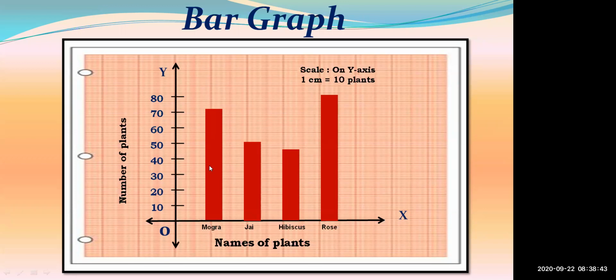First we have taken the quantity of mogra, that is 70. Then jai, that is 50. Then hibiscus, that is 45. And at the last rose, that is 80. So this way you have to draw the bar graph. Understood everyone? Now we will see next what is given.